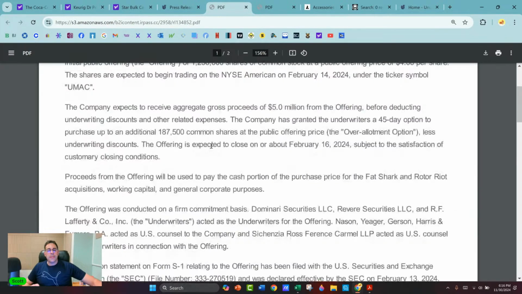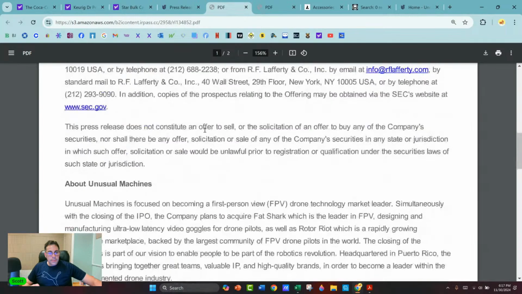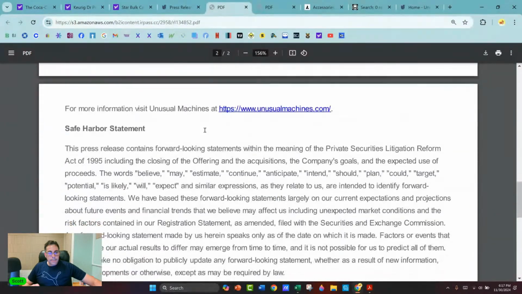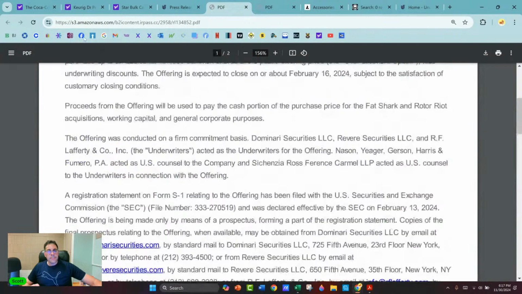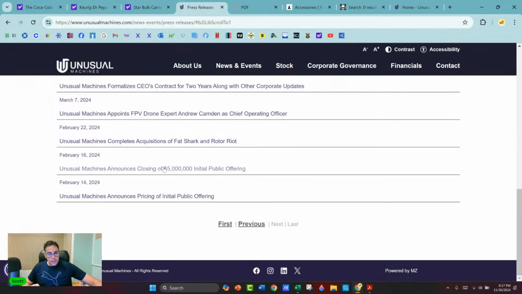The company expects to receive $55 million from the offering. Unusual Machines completes, okay, so they acquire these companies.